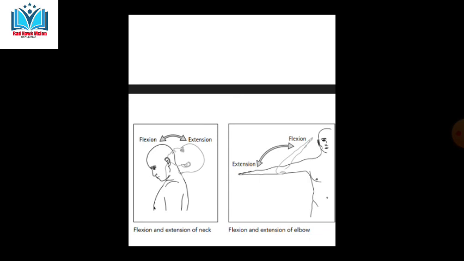We talk about flexion and extension when we are talking about the movement of the joint, or of the angle of the joint.